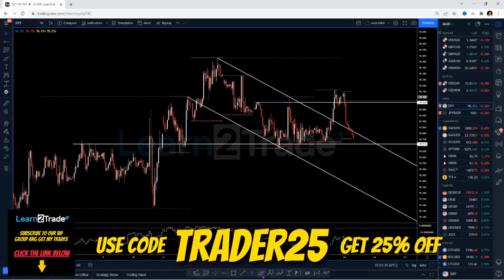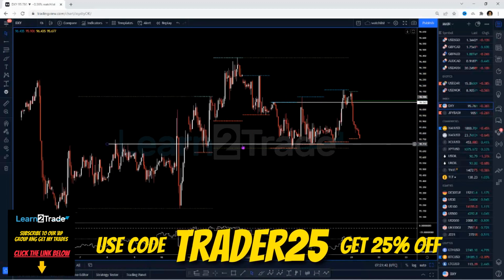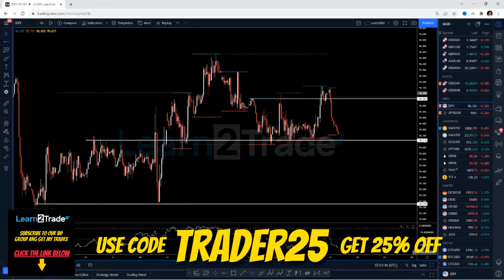I do have a trade setup that is no longer in place, so I'm going to be deleting it. I'm just looking at levels at the moment, and these are the levels that I'm looking at. A possible play on the US dollar for today would be a break below this level, a retest for a bearish continuation.